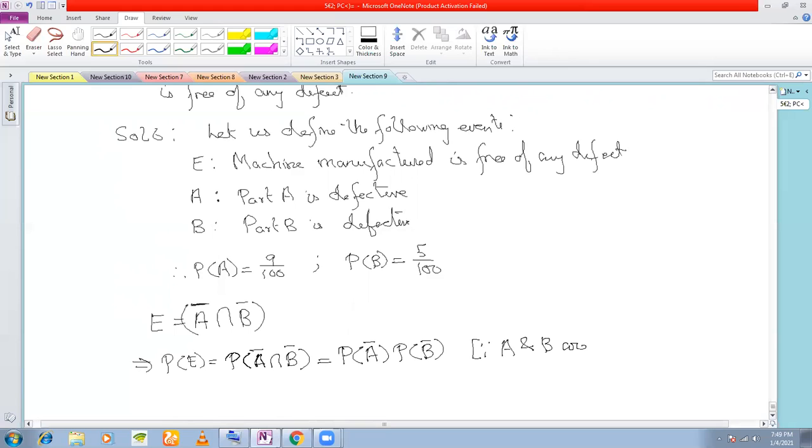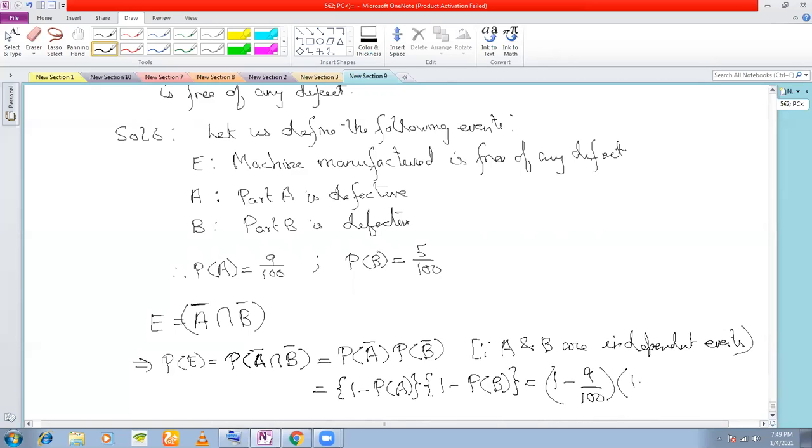That means PA bar is 1 minus PA and PB bar is 1 minus PB. So 1 minus 9 by 100 into 1 minus 5 by 100.